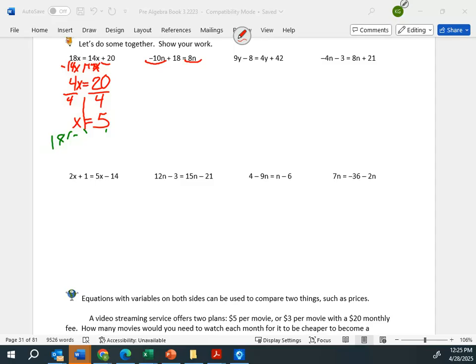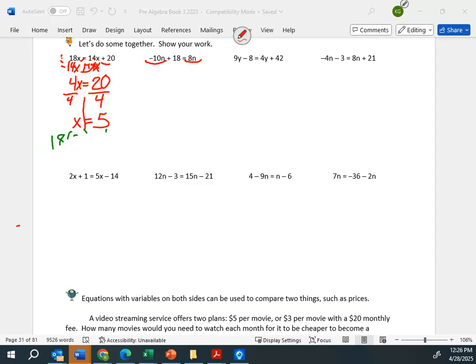Beckett said we wanted to move the 14x over to this side, and I asked why, and he said it sounded right. And I said, you're right, because the 18x is over here all by his lonesome. So we have the 8n over here all by his lonesome. So we want to bring the other variables over to that side.